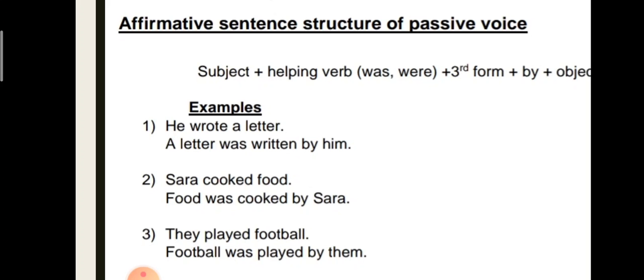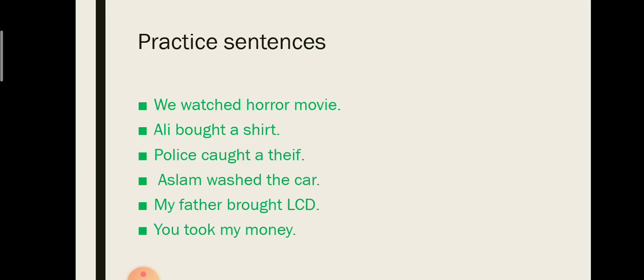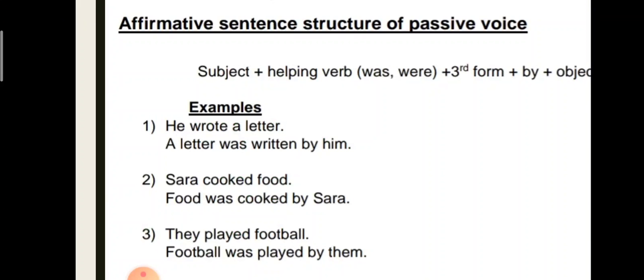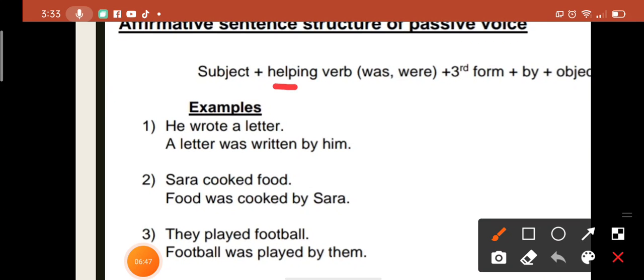Yes, simple sentences are called affirmative sentences where there is no question and they are not negative and not interrogative sentences. So, if your sentence is simple, then you have to change it according to this structure. First comes subject and then helping verb, then third form of verb, then by, and in last comes object.